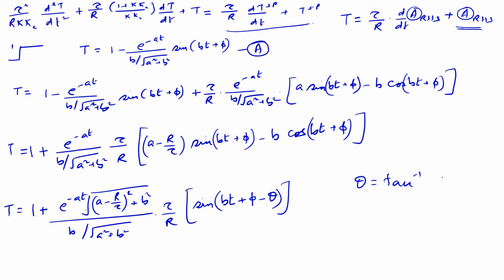Tan inverse of b by a minus r tau, r by tau. So this is what we get.